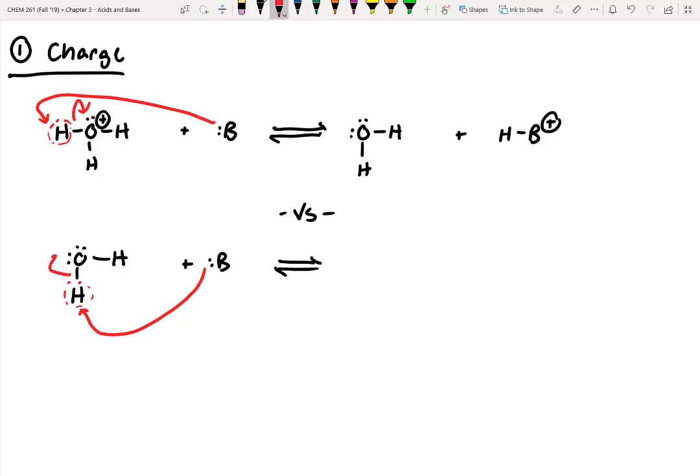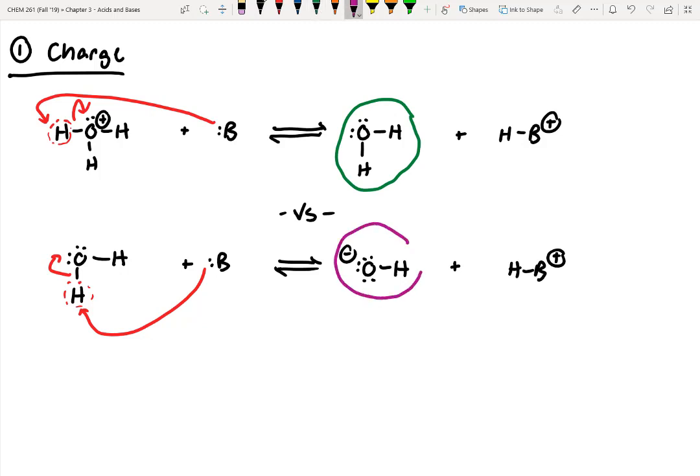So water can also act as an acid. So these are two completely separate reactions, right? We're comparing apples and oranges here. But what we really want to do is compare this conjugate base to that conjugate base, and then ask ourselves, which of these is more stable as a conjugate base?